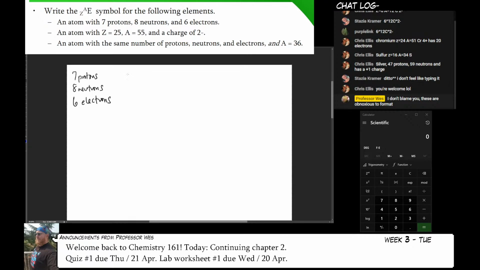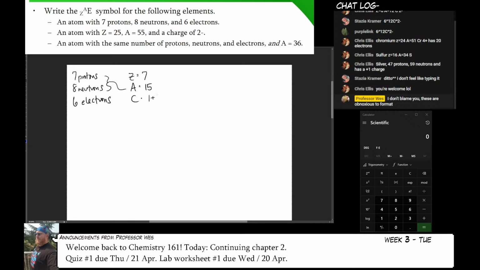So from all of this, we would say that Z is 7. A is these two together, so that'd be 15. And then the charge would be 7 positive minus 6 negatives, which is positive 1.